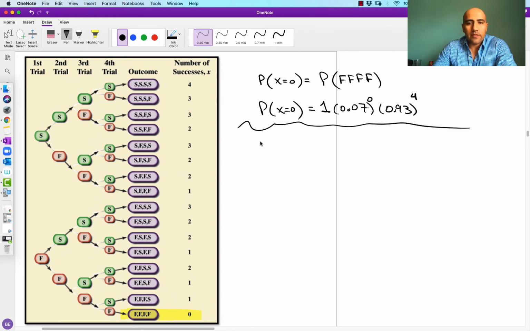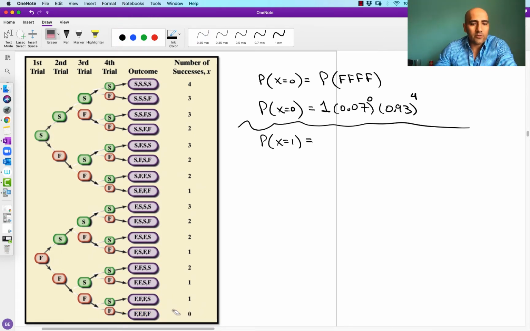Okay, what's the probability that x equals 1? Exactly 1 success. So let's come over here and figure out all the ways in which we have exactly 1 success. Well, we see here that we highlighted this one. There's 1 success there, only 1 success there, only 1 success there, only 1 success there, and that's it. Those are the ways to do it. So let's write it down.